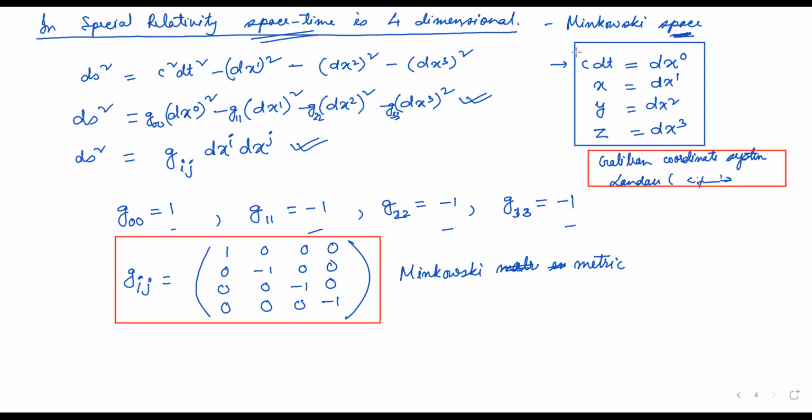Even though we use the Galilean coordinate system, the metric tensor will no longer be of this form. The metric tensor will change if we change the space from Minkowski space to Riemannian space, and that metric tensor contains all the information about the curvature of space-time.